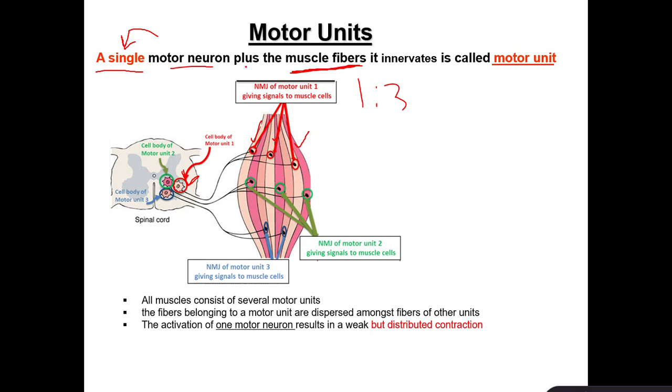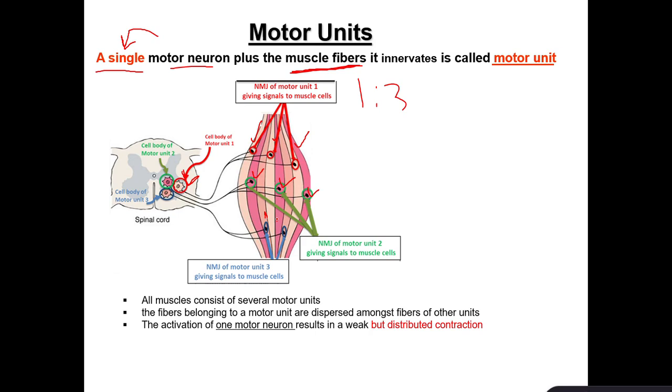The cell body here in green color has the axons supplying three other different muscle cells. So this is another motor unit. And here, the one in blue has its axon terminals supplying here two muscle cells. So here we have a third motor unit.